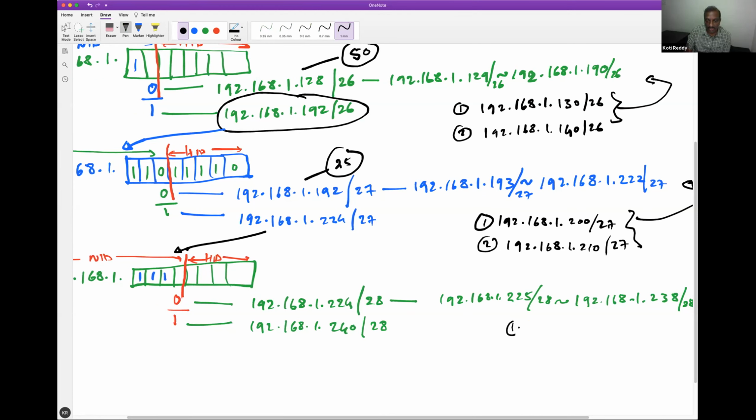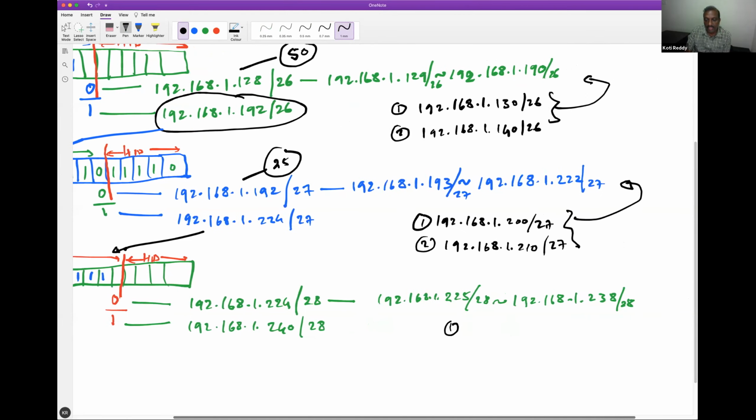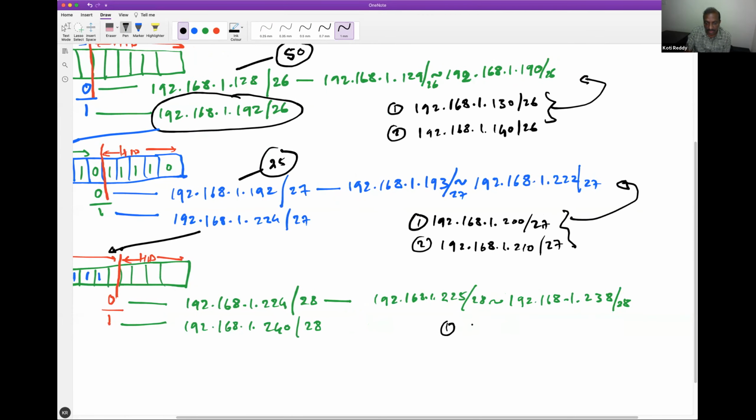Let us take the first IP address as 225. 230 I take, 235 I take. So I go, let's say 192.168.1.230/28, and 235 I take, 192.168.1.235/28.